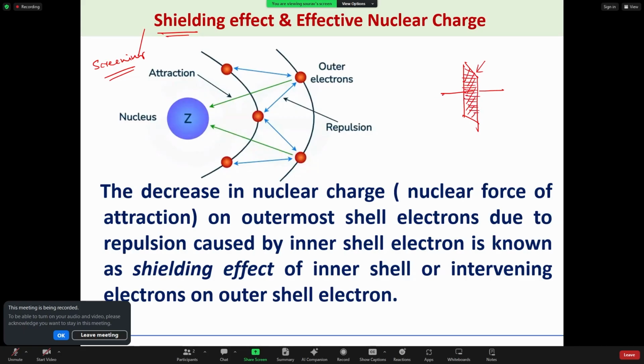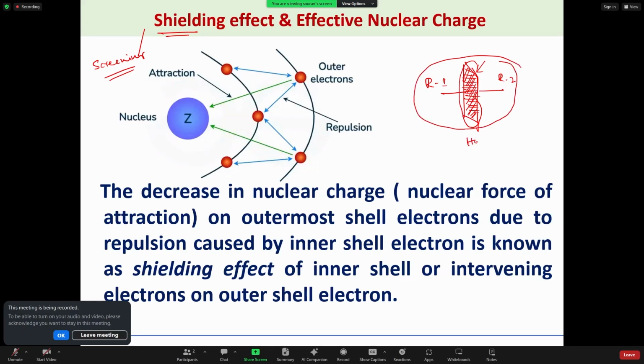Suppose here is room number one and here is room number two. Between room number one and room number two, there is a wall, a screen. Due to this wall, something is happening, and for that some properties of this house also will change.